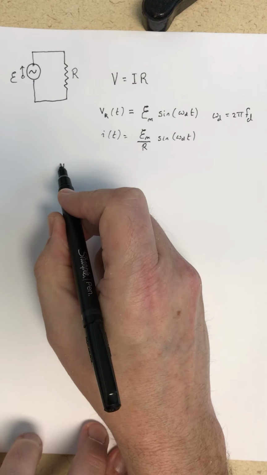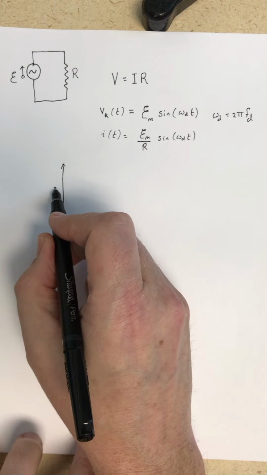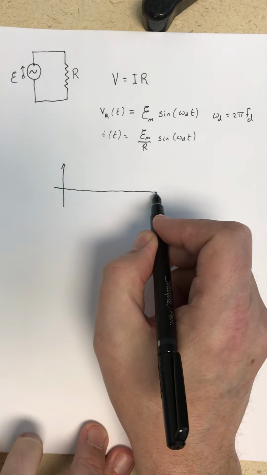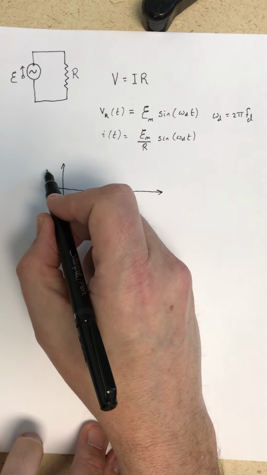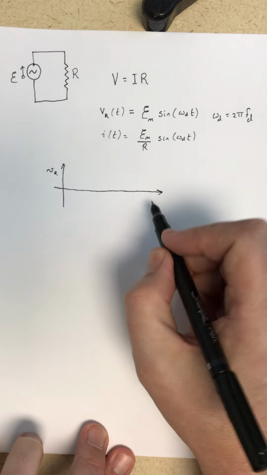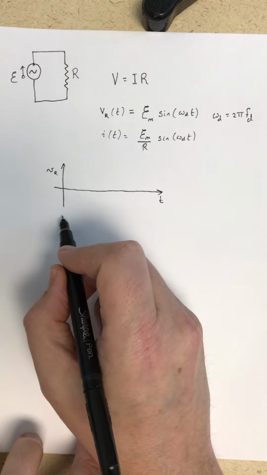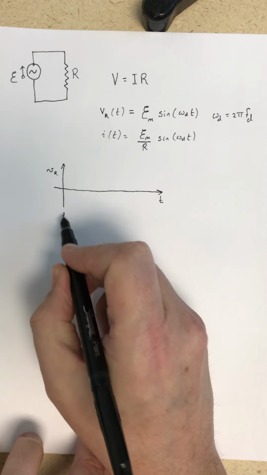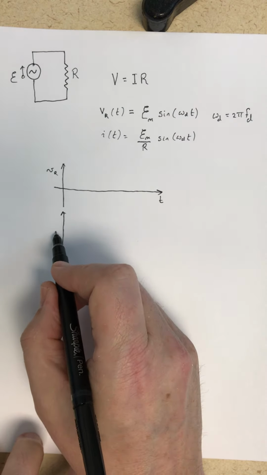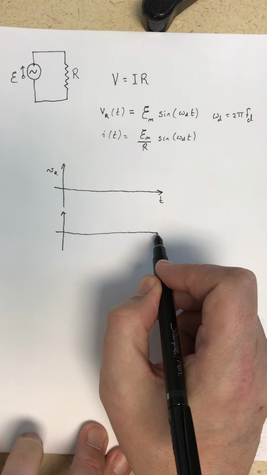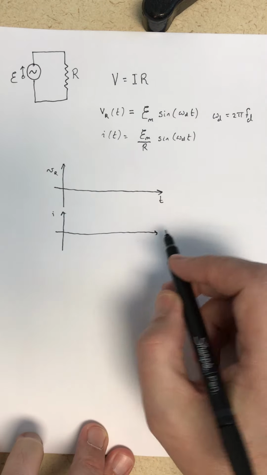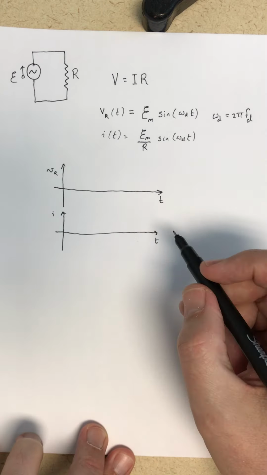I'm going to make my plots and see what they look like for the case of just a resistor. So the voltage drop across the resistor as a function of time, and also plot a cycle for the current in our circuit as a function of time.